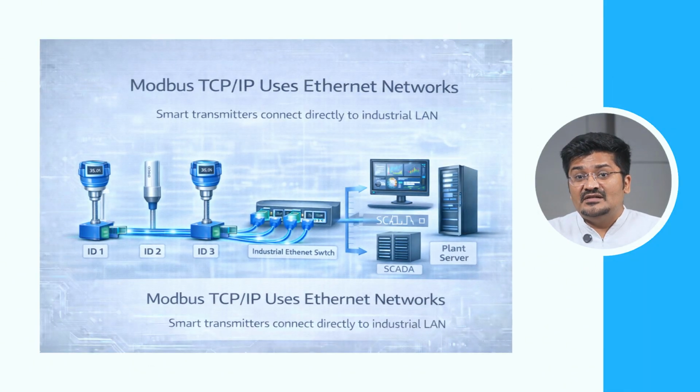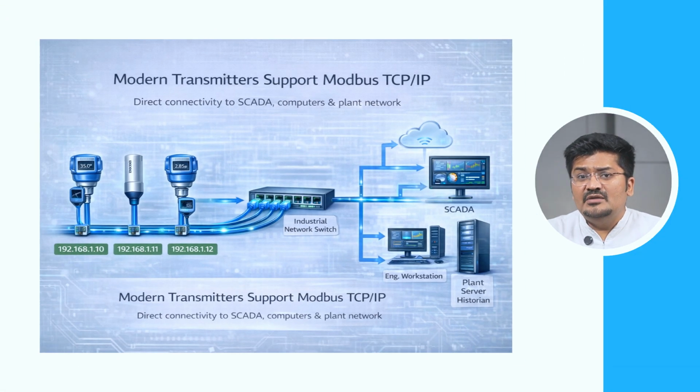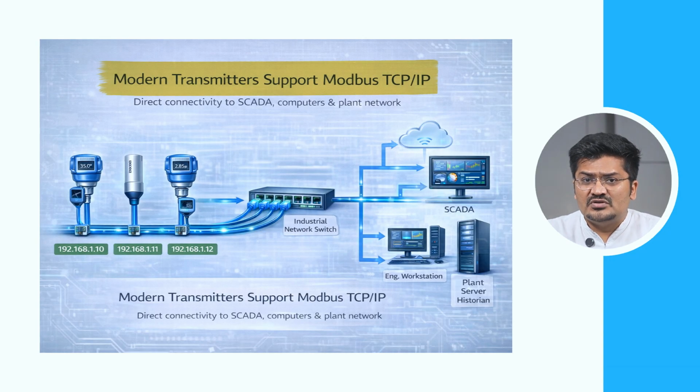Another modern communication system is Modbus TCP/IP. Instead of serial cables, it uses Ethernet networks. This allows instruments to connect to industrial computers, SCADA systems, and industrial networks. Many modern transmitters now support Modbus TCP/IP communication.